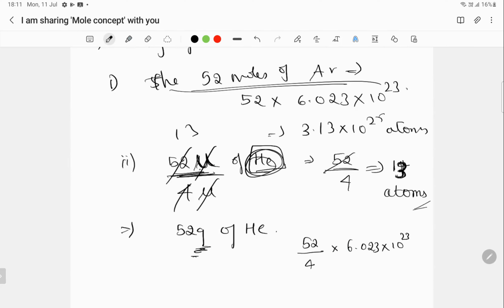There is no big difference, you just write u or g. To find how many atoms, you need to multiply it again with 6.023 into 10 to the power 23, because we directly used the atomic mass and cancelled the u, but for the number of atoms we multiply again with the Avogadro number. So 4 gram gets cancelled. This is 1 time, this is 13 times. 13 into 6.023 into 10 to the power 23, so your answer is 7.82 into 10 to the power 24 atoms.